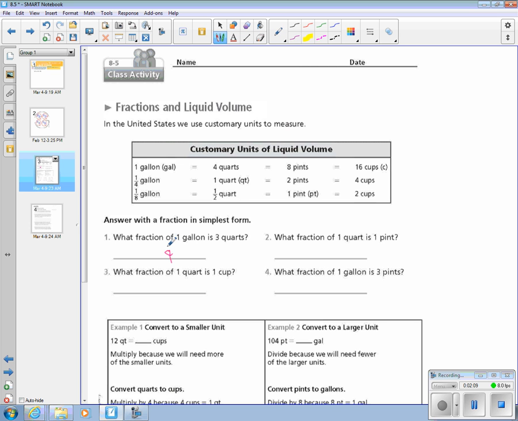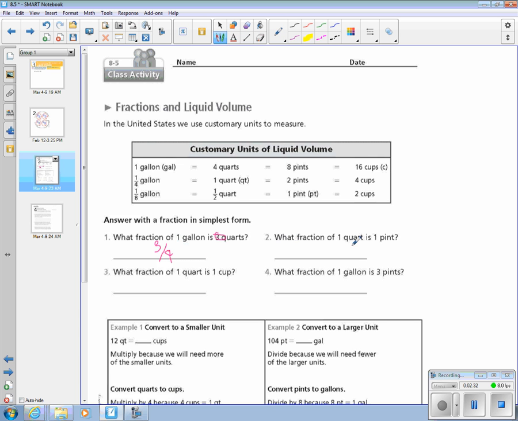And then we're going to use this number as our numerator. So there's 3 fourths. So we'll always use whatever it's asking for in the numerator, and then the denominator is the whole number. Yeah, it's how many of each is in the denominator.